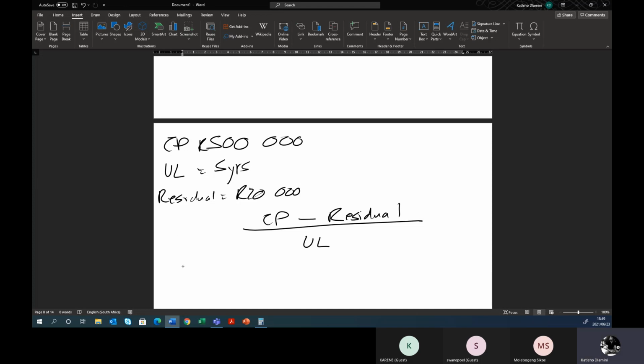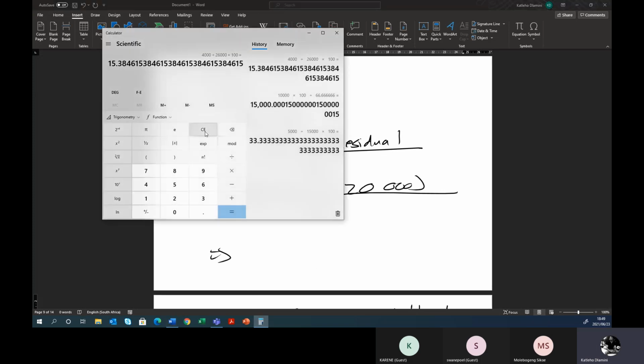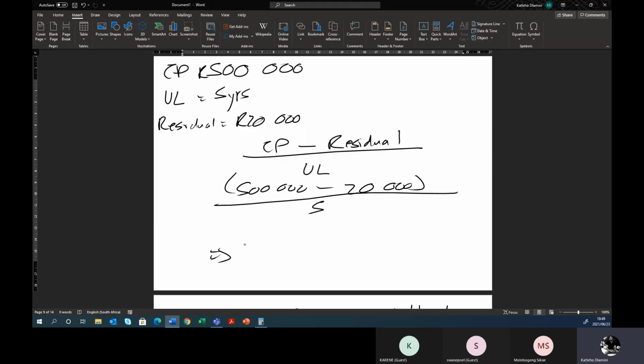So this is how you'll calculate depreciation. You'll say 500,000 minus 20,000 in brackets over 5 years, which will be 480 divided by 5, which is 96,000. So every year this asset will lose 96,000 in value.